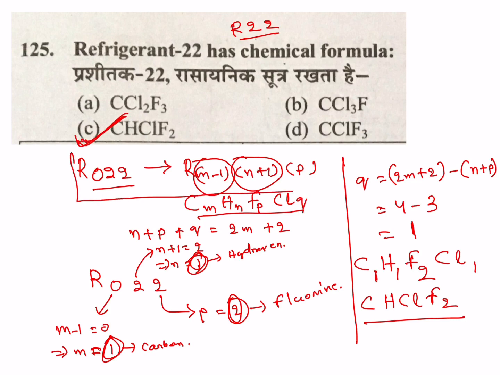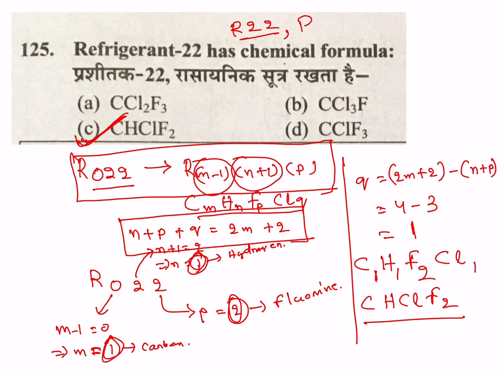This one you have to remember: m minus 1, n plus 1, then p. Carbon, hydrogen, fluorine, chlorine. This sequence also you have to remember. Then n plus p plus q equal to 2m plus 2. R22, R11, R12 are examples of saturated hydrocarbons.